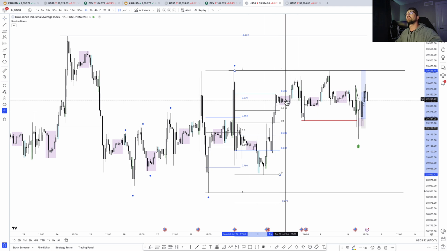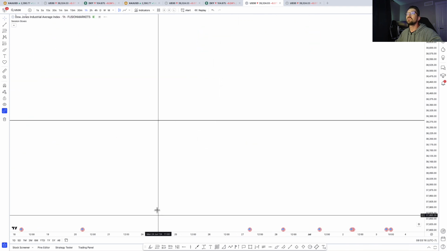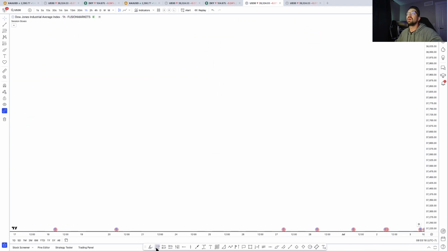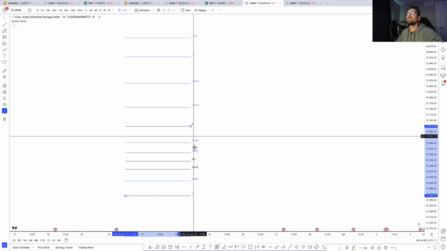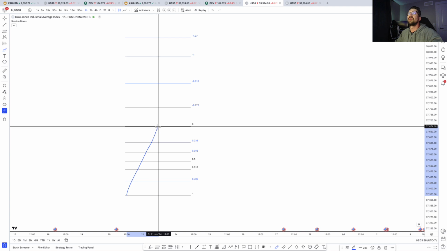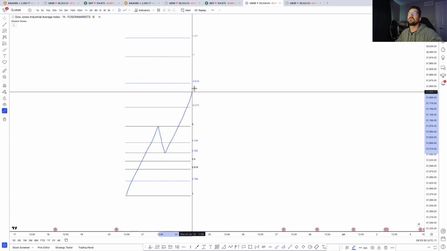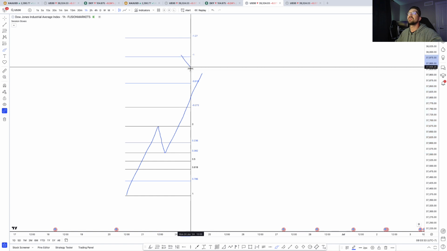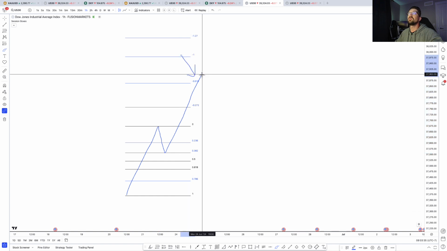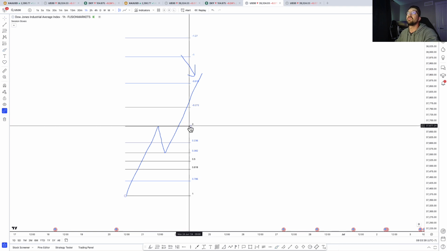It's the same thing if the market is trending. So if the market does something along the lines of this, and it pulls back to, let's say, the 382 and this, my expectation is for this to only pull back to the 382 and not touch the 50.